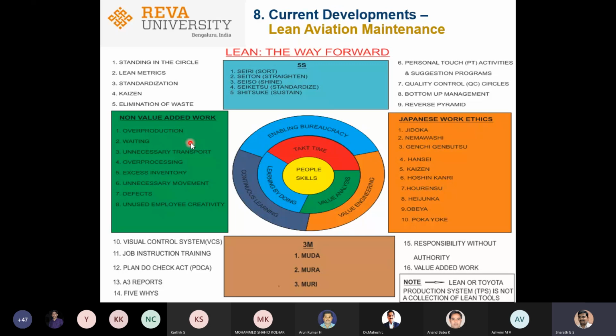If you do not have in right number, you'll be able to do service only for 3 aircraft, because only 3 tools are available. And if you do not have right ground equipment for carrying out, if you do not have the hydraulic systems, anything it could be, it will add up to a lot of non-value added time.